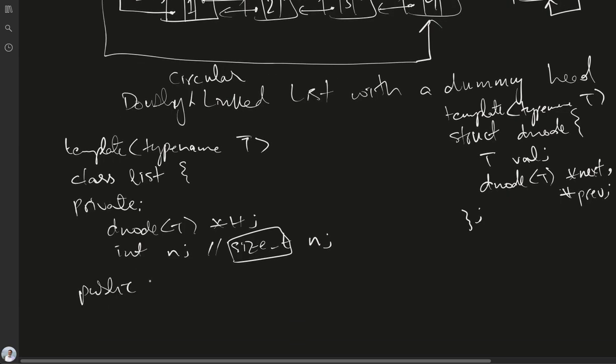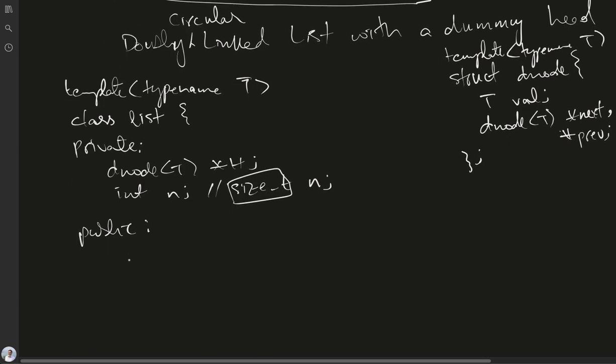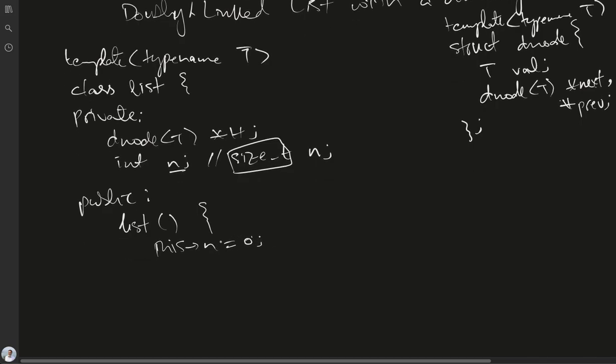And now coming to the constructor, we need to set n to 0, so this.n would be 0, so initially we would have 0 values in the list.